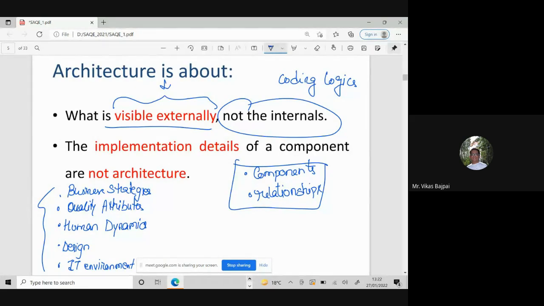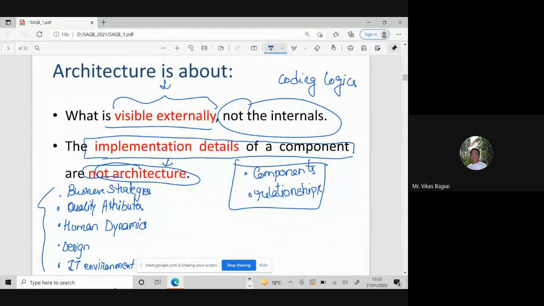If I'm dealing with the implementation details of a component, then we are not talking about the architecture. We are talking about the development details of the application, and this is not software architecture. Your quality attributes can be design, business strategies, the IT environment, the human dynamics. These things can be a part of it.